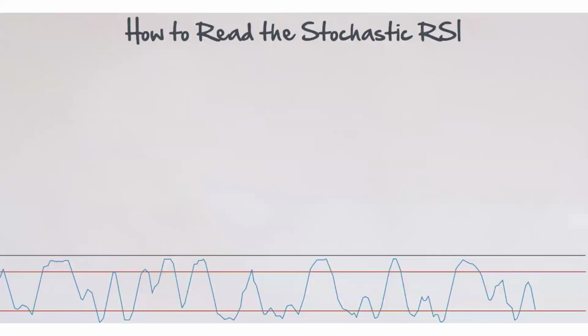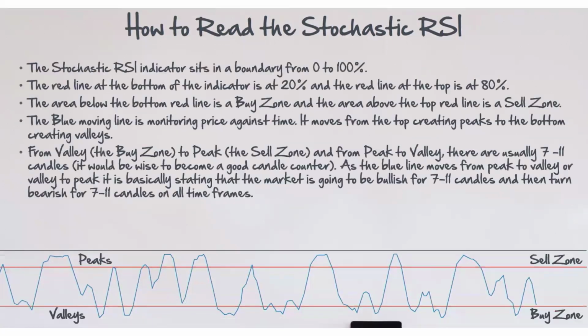When the market is above the 80 level, we say the market is overbought. When the market is below the 20 level, we say the market is oversold. So the peak is the sell zone.